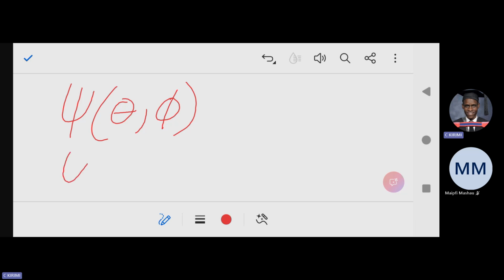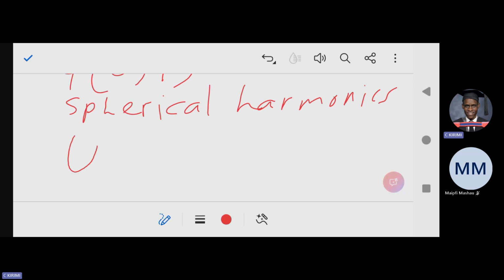In other words, we are rewriting that expression in terms of spherical harmonics, which means you want to rewrite it in terms of psi of r, theta, and phi.